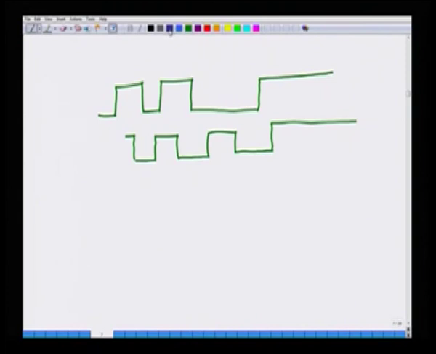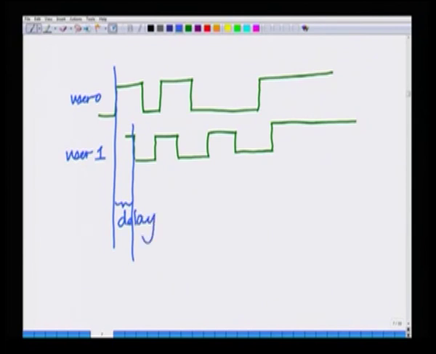If I look at this, that is the arrival of user 0's chip sequence and user 1's. This is the chip sequence of user 0, this is the chip sequence of user 1. On the uplink, there is a delay, and this delay is varying because of the mobile nature of the different users.